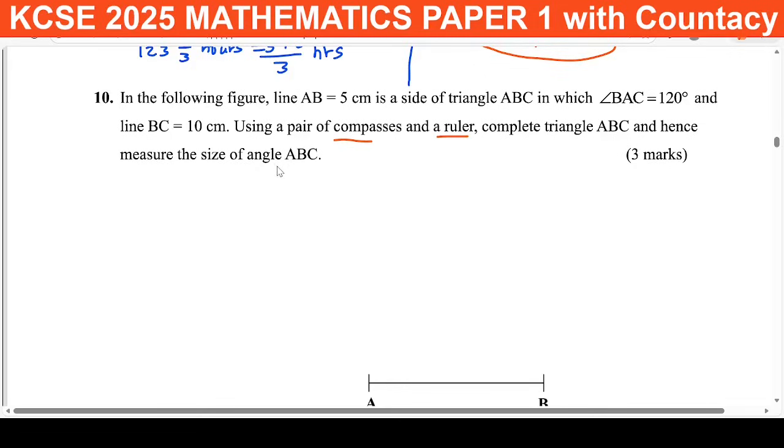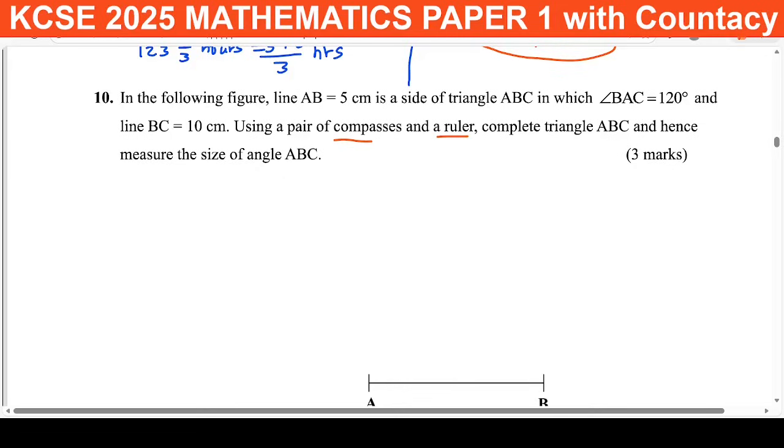So this is a question that is really requiring us to do some measurements. Let me see if we can get into this, because it will require us to have some tools, and that is the pair of compasses and also a ruler. It might take a while before I get to that software where I'm able to do that.